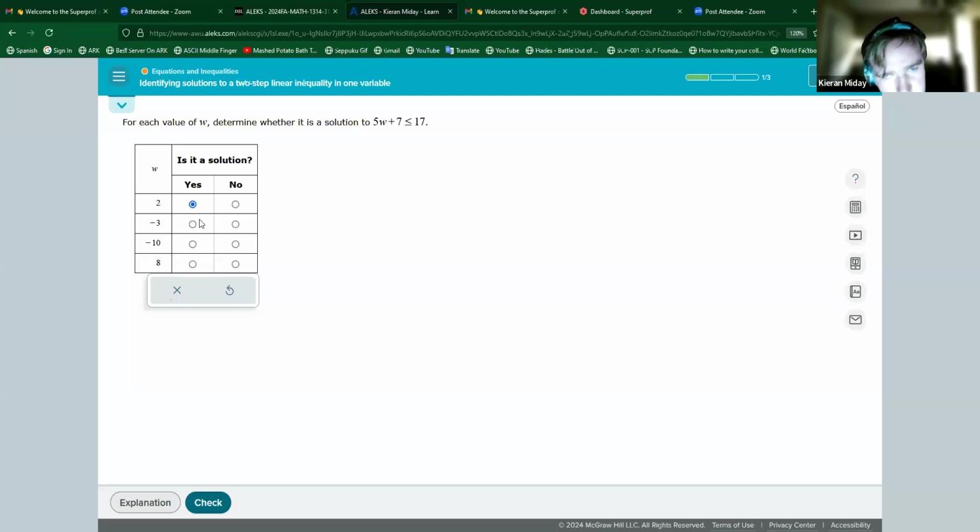Let's check it, because it has a negative in front of it. So that's minus 15 plus 7. Minus 15 plus 7 will give us minus 8, right? Which is definitely less than 17. So you can go ahead and say yes for that.